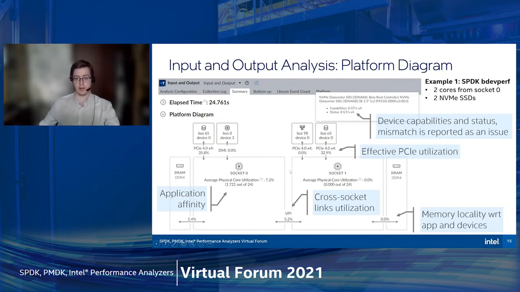So let's quickly discuss what utilization metrics we have here. We have effective PCIe link utilization. This is not the full PCIe utilization, because this ratio shows you what portion of physical bandwidth was spent on data movement. It does not take into consideration the overhead, like TLP headers and physical encoding.